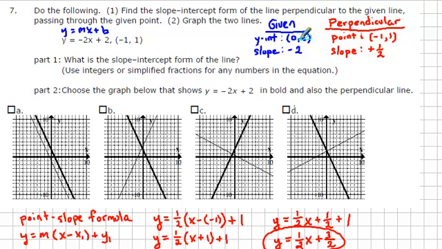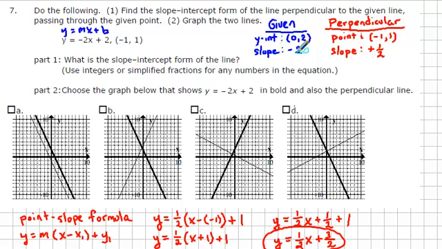So the first thing we might check would be to see which of the bold lines go through the point 0, 2. Well, it appears that A, the bold line goes through 0, 2, and in B, the bold line goes through 0, 2, and also in C and D. So all of the bold lines seem to go through the point 0, 2, so we can't eliminate anything yet.